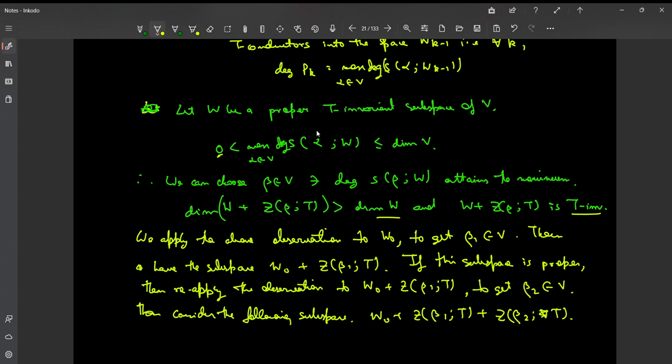So continuing the process, what do we have? Okay, one more thing to observe here, we have not named these subspaces as given in the step 1.